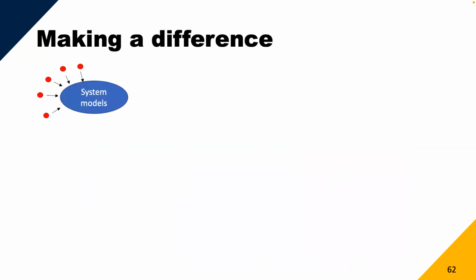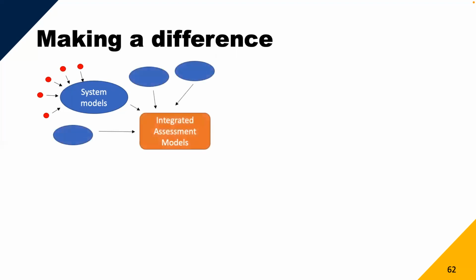So we'll close out today talking about, all right, how are we contributing to society, making these dinky little models in this class or in my research. So we have system level models. These can help inform, even at a sectoral level, the way that integrated assessment models are put together.